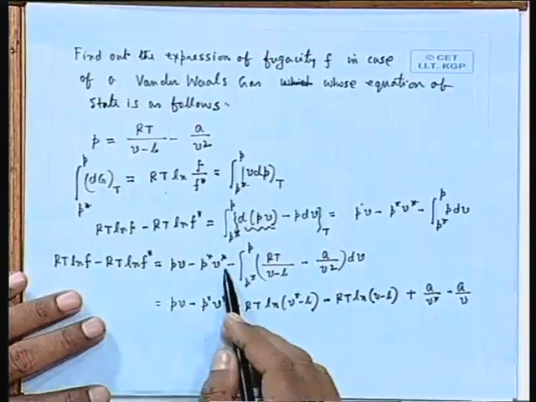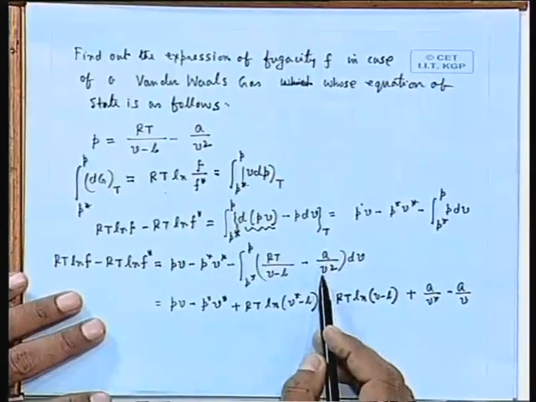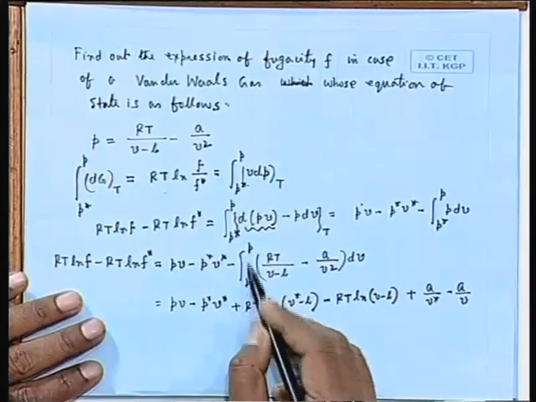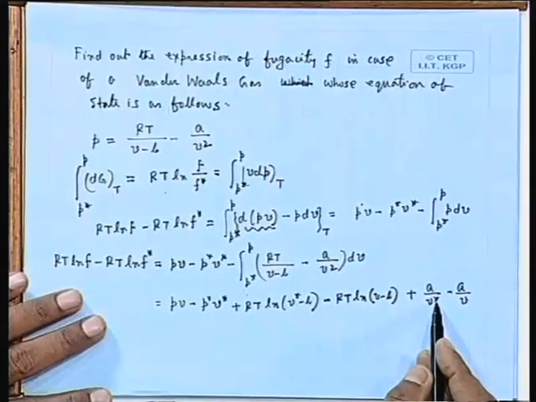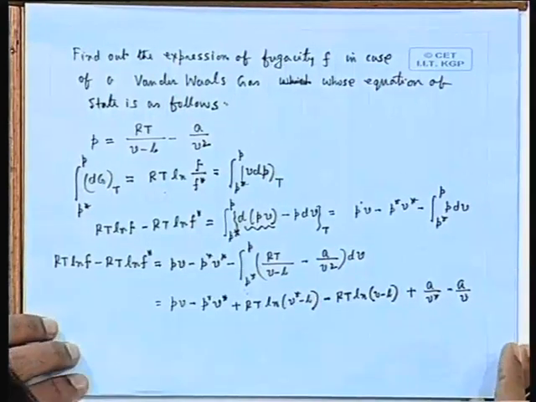All right. The integration of A/V² is minus A/V. If you take the limit, it will be like that, where again I am telling you V star is the volume when the pressure is P star and V is the volume when the pressure is P.